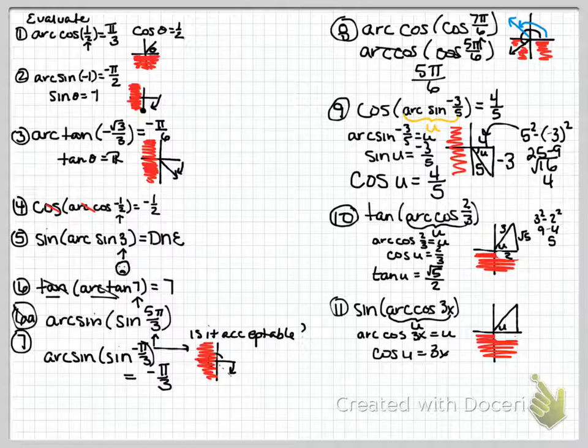Well, this is technically would be 3x over 1. So 3x over 1. Pythagorean theorem is going to be 1 squared minus 3x squared. Well, that's just 1 minus 9x squared. And it's going to be the square root of that.